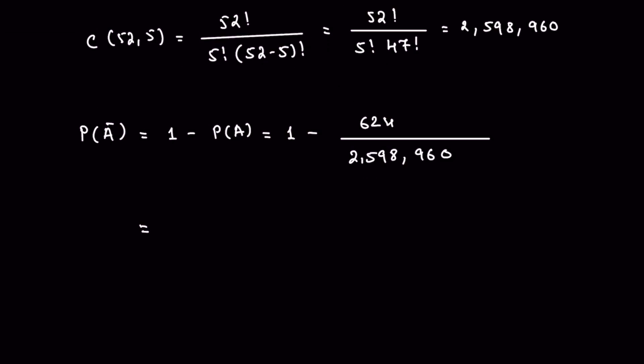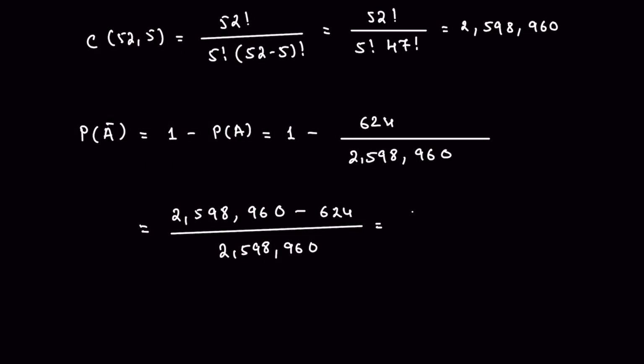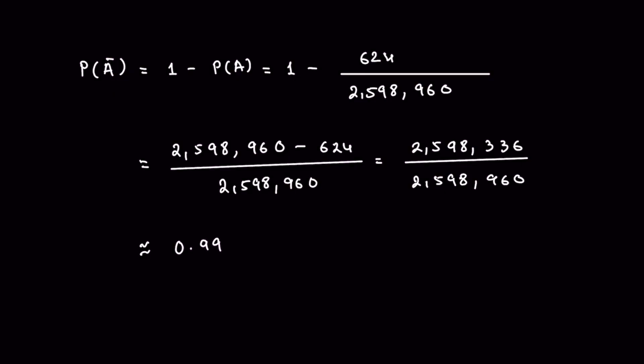Find a common denominator, and you're going to get 2,598,960 minus 624, which is 2,598,336 over 2,598,960. If you use a calculator, it's going to be around 0.99976.